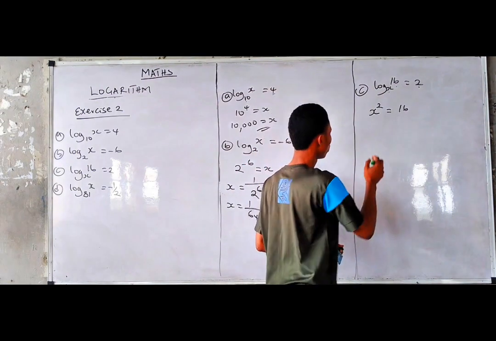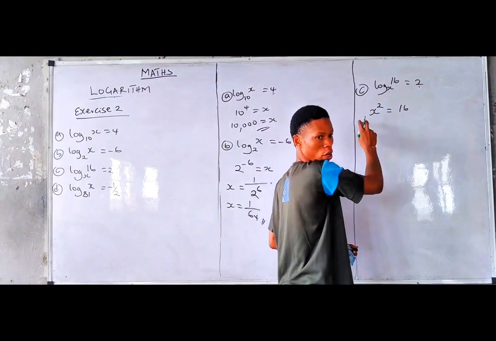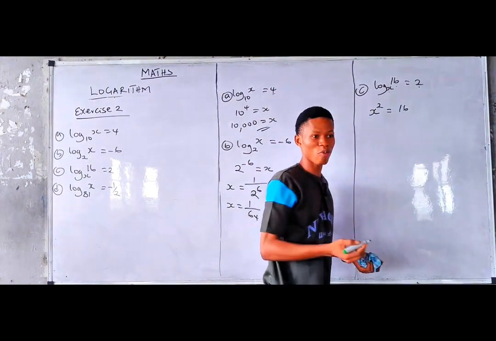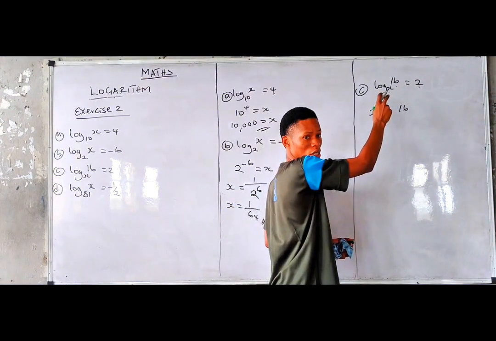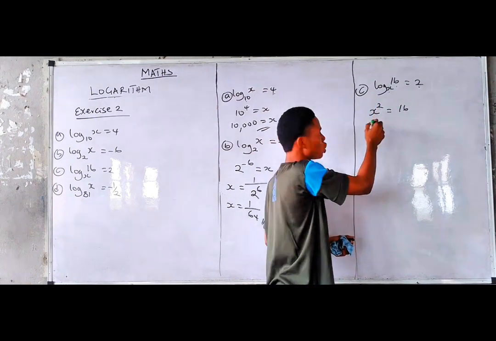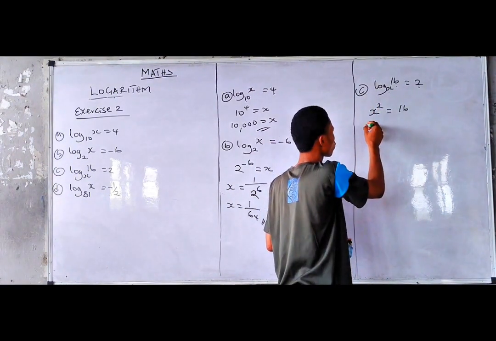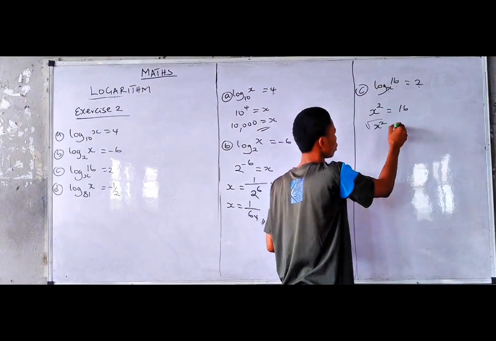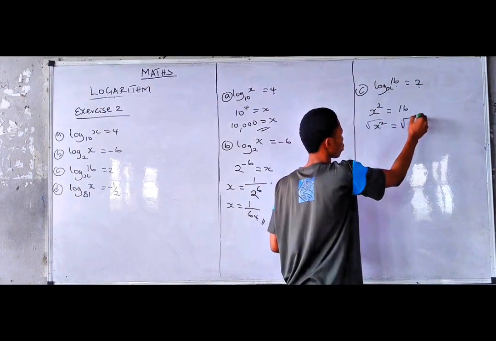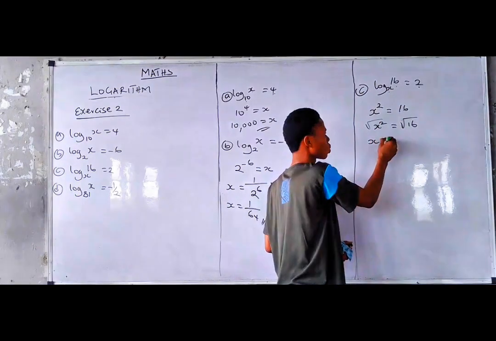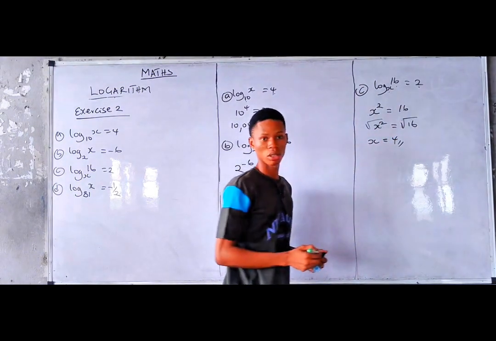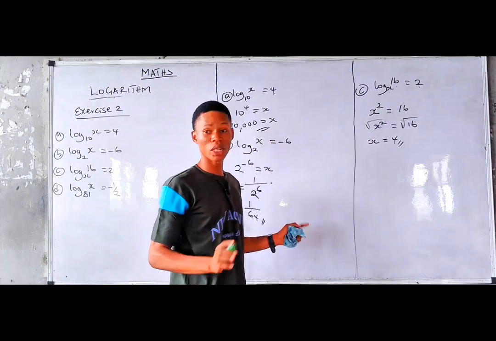Square root. We take square root of both sides. Because square root will eliminate square, right? If you take square root of both sides, square root will remove square, right? So we're left with x equal to what? There are other methods you can use for this.